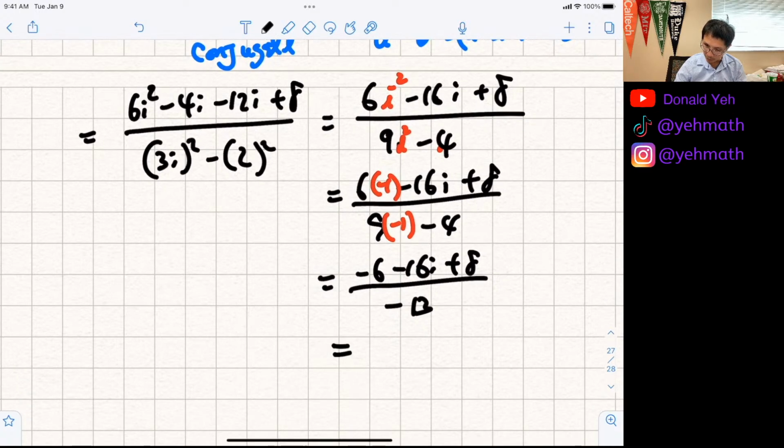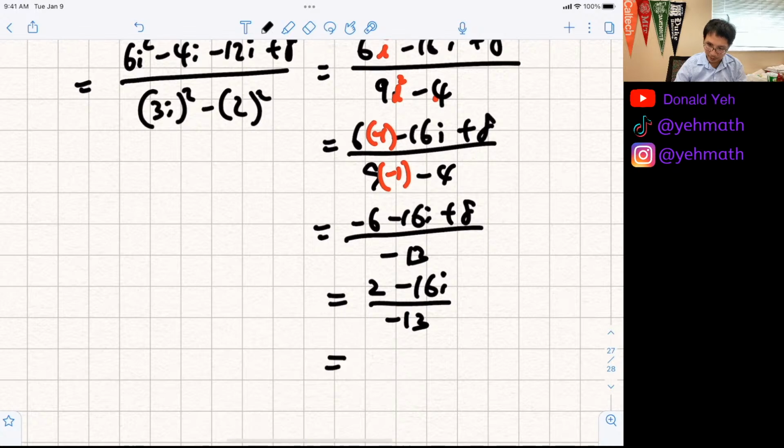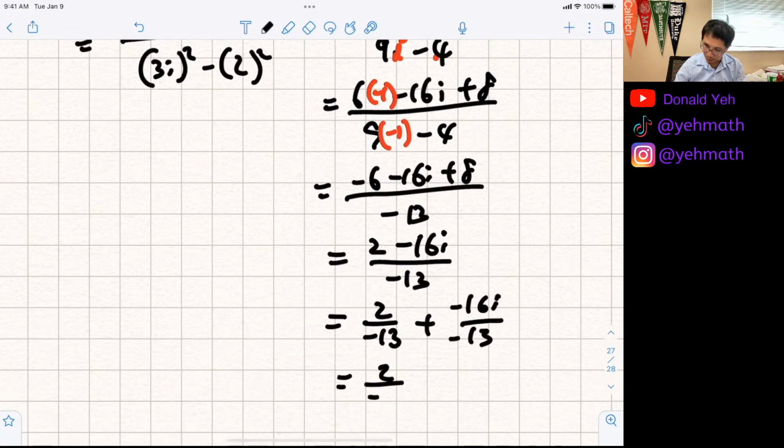And that's equal to 2 minus 16i over negative 13. Now you can split 2 over negative 13 plus negative 16i over 13. And that's equal to 2 over negative 13 plus 16i over 13.